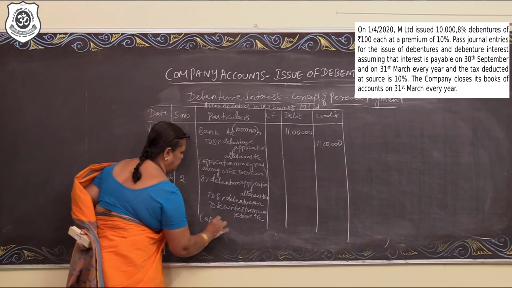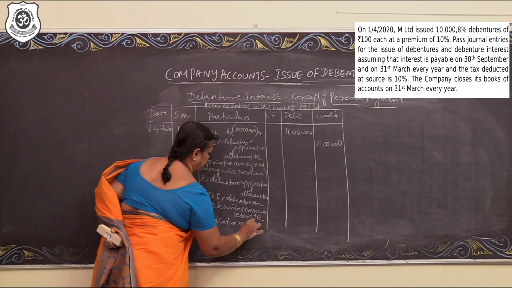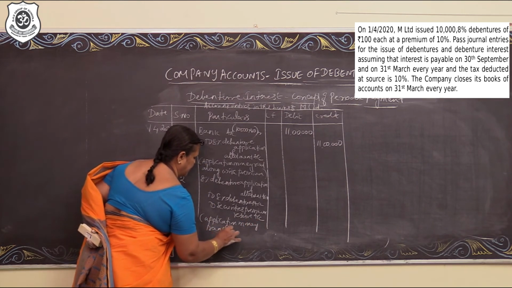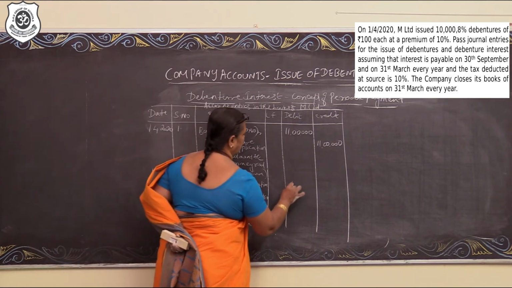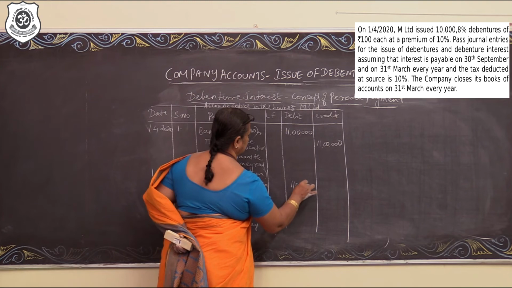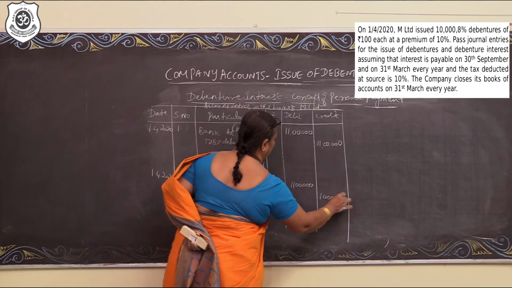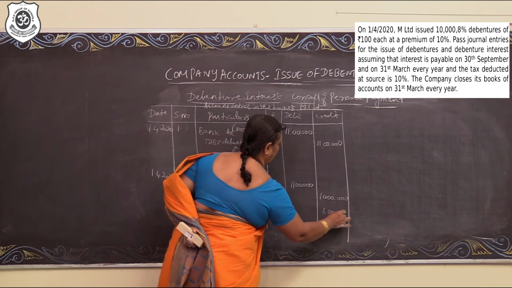Application money transferred to debentures account. So we will have here 11 lakhs, 10 lakh will go to debentures and 1 lakh will go to securities premium reserve account.